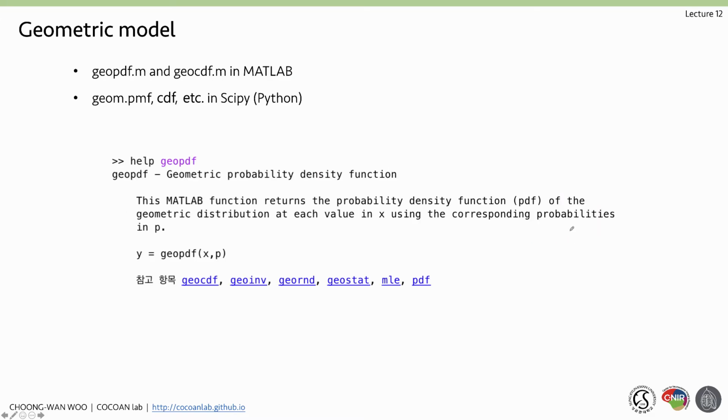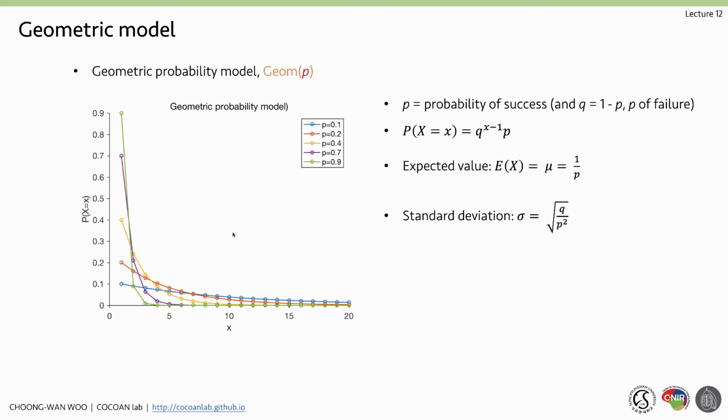And you can actually use these functions, geopdf, the probability density function, or the cumulative distribution function, to use this geometric model. And also you can use these in Python, in the SciPy toolbox. For example, the geopdf function in MATLAB has 2 inputs, one is X and one is P. From this, you can calculate the probability.